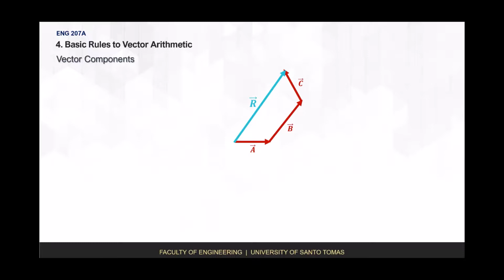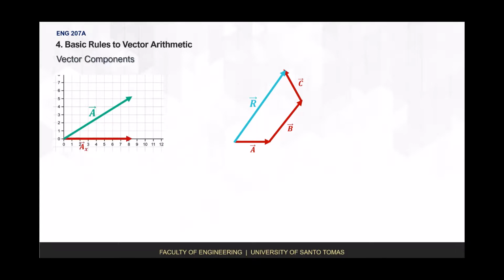So when it comes to vector arithmetic, it's important to know that each vector, if you're going to do it mathematically, has x components and y components. If you're going to do it graphically or mathematically, you would plot it out. The resultant of A has its x components of A and the y components.